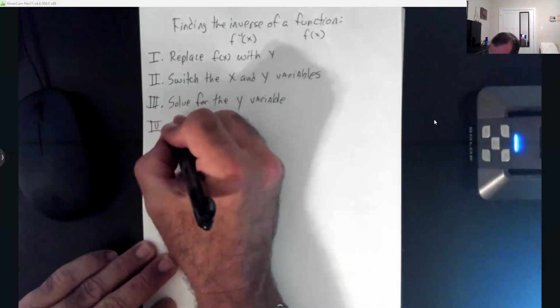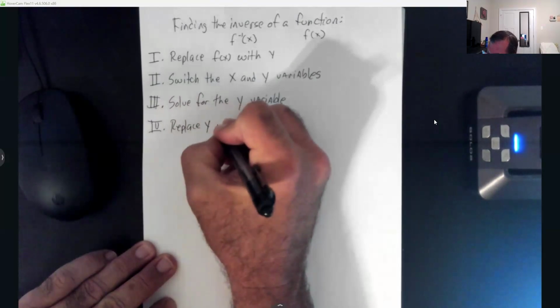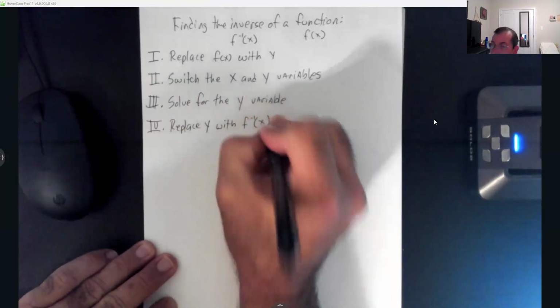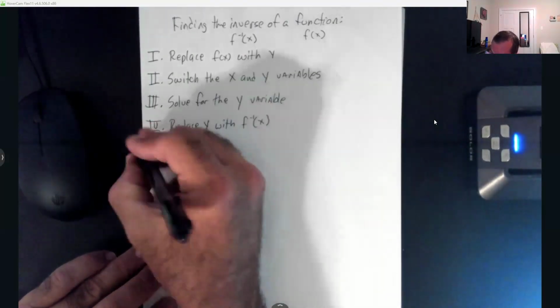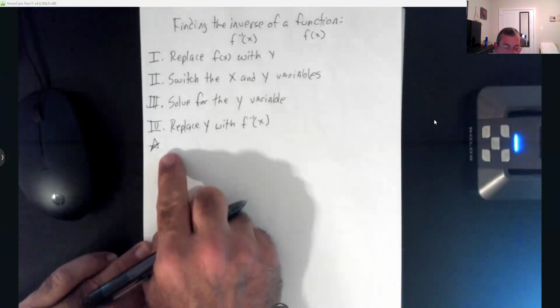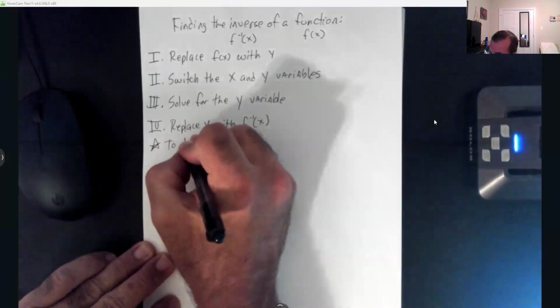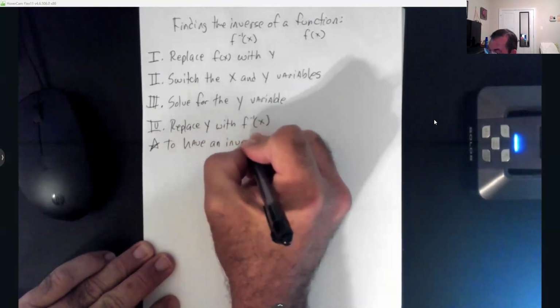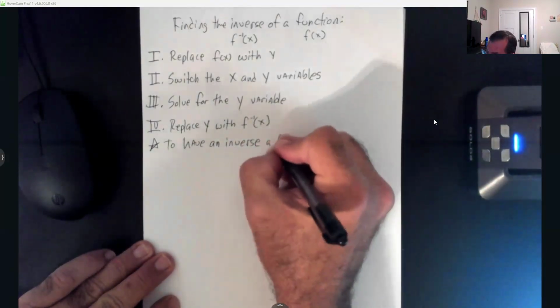Now I'm going to replace the y with my inverse notation, my f negative 1 of x. Now, here's the thing on this one. To have an inverse, a function must be 1-to-1.